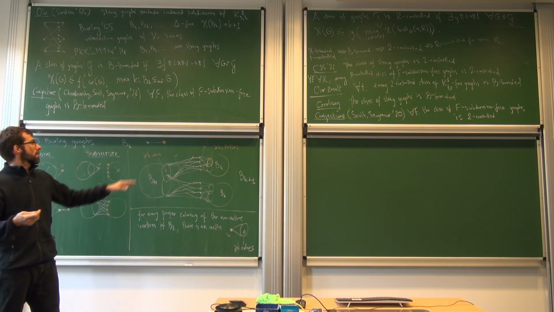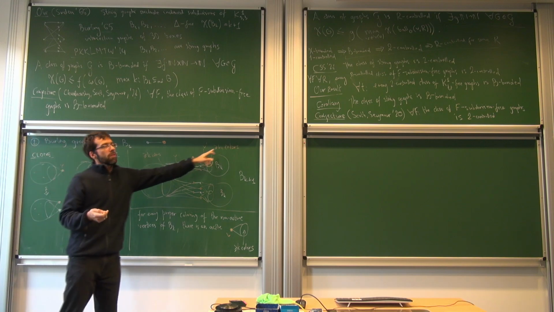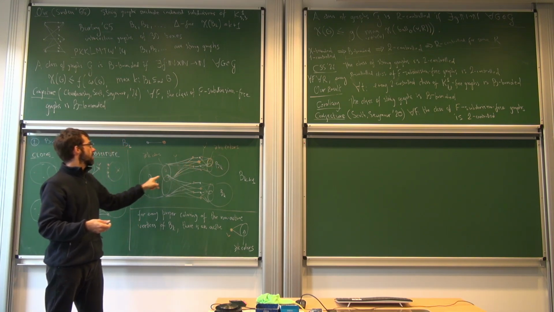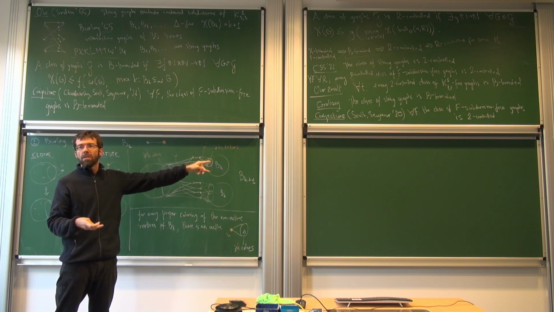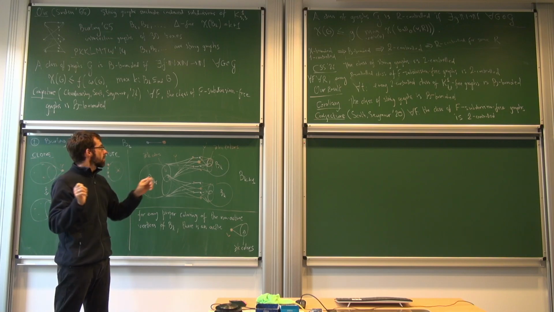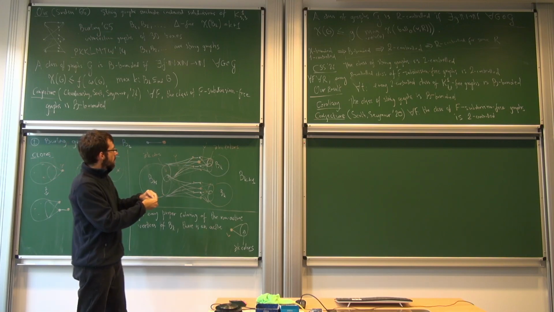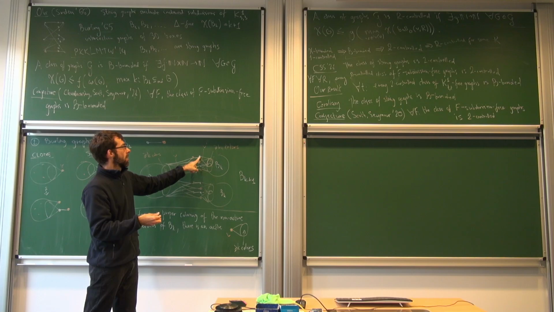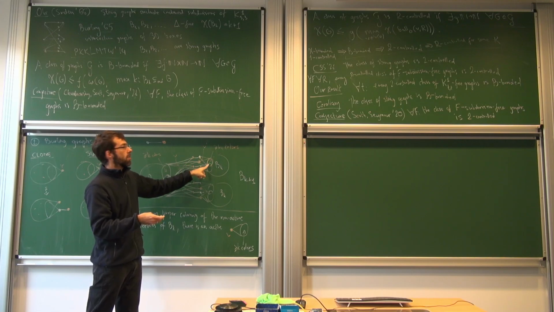Now there are two cases. If these K colors are different from these K colors, then this active vertex already sees at least K plus 1 colors. If they are exactly the same set of K colors, then this vertex, which is a clone of that but non-active, sees that set of K colors here.